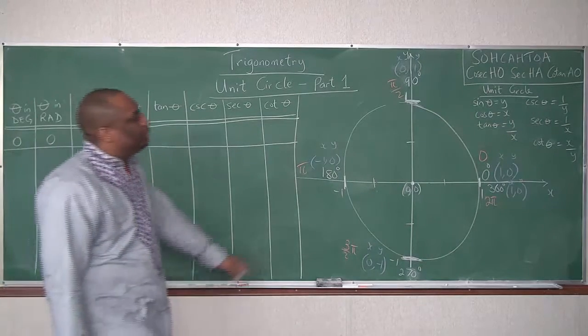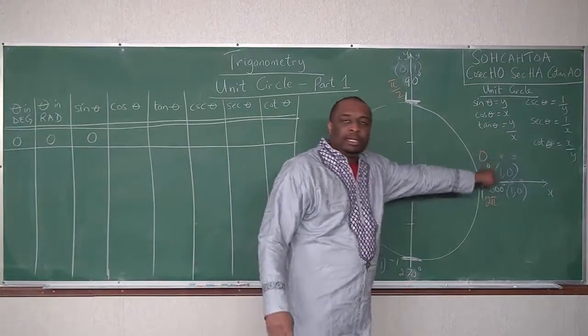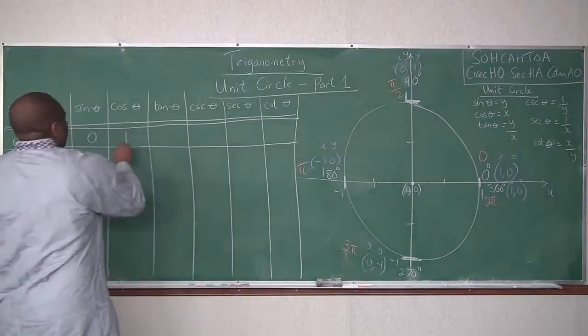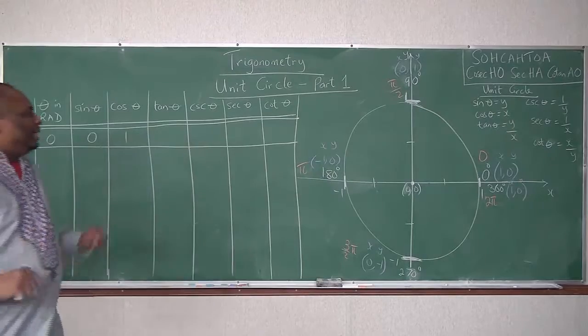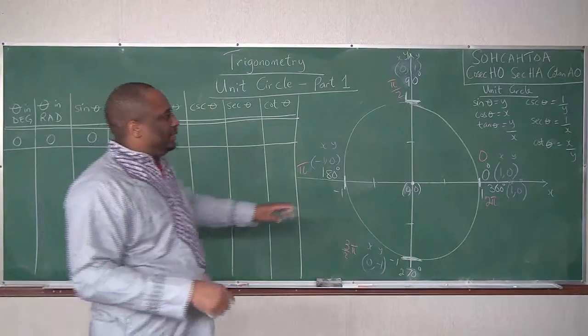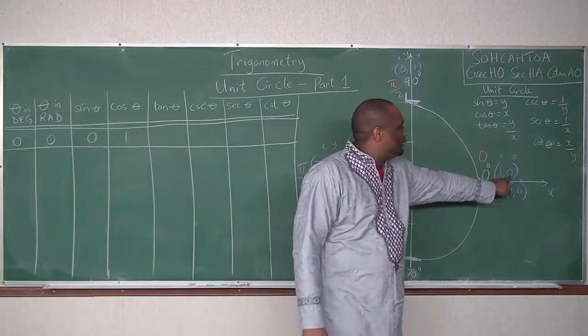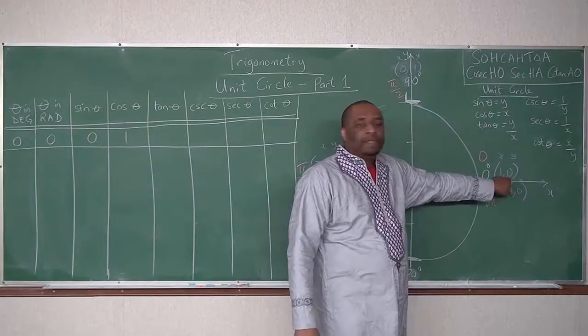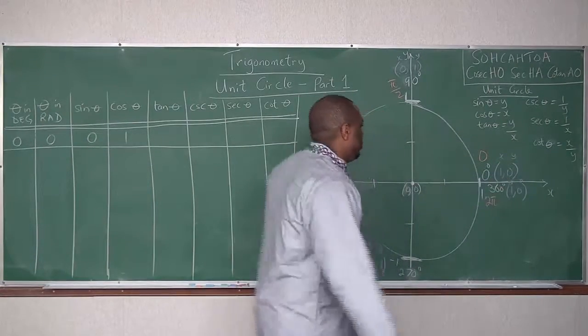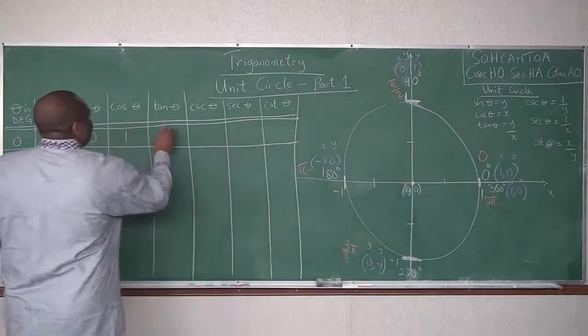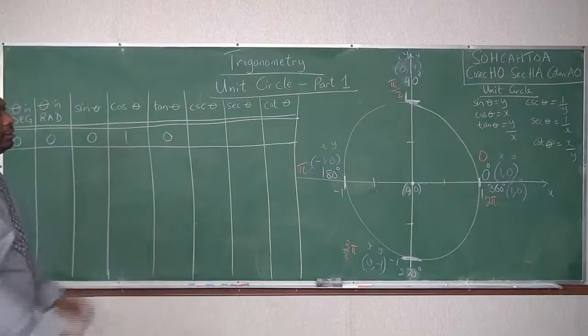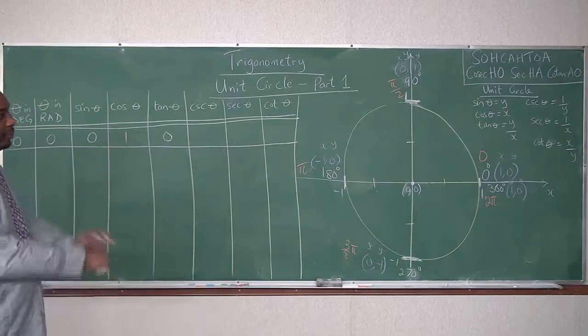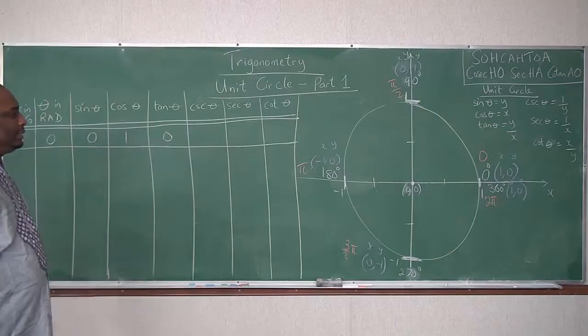Cos 0: cos theta is x, so cos 0 is 1. Tan 0 is y over x, so 0 over 1. 0 divided by 1 is 0. So tan 0 will be 0.